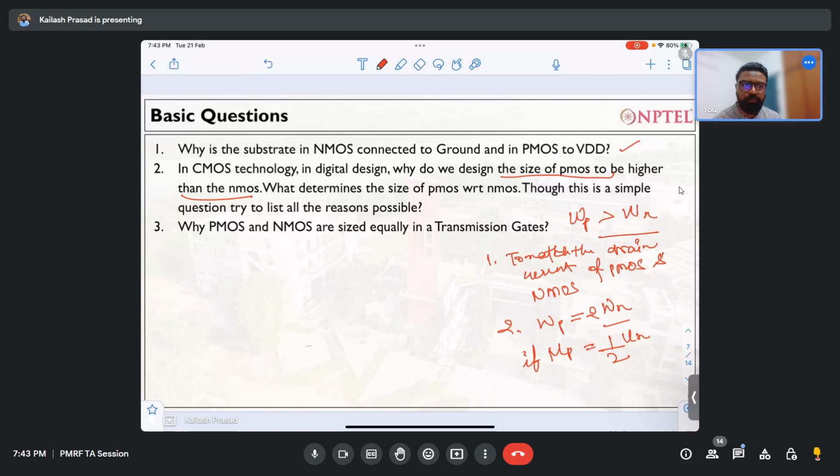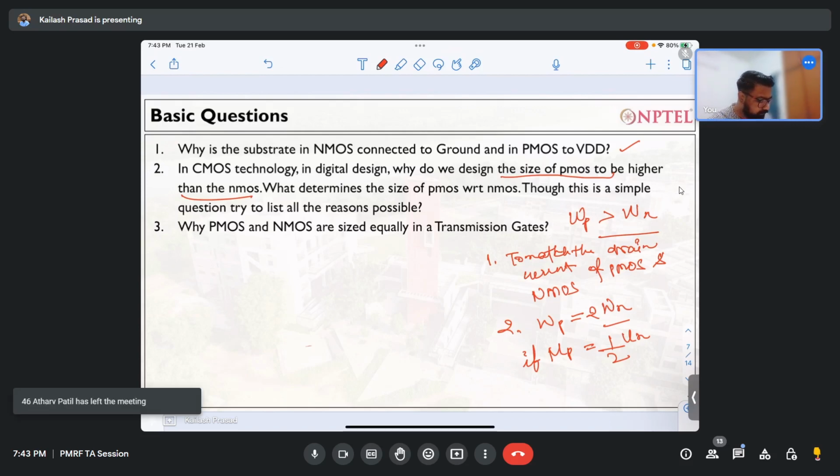When you go and design, it should not be like that. The mobility of P is 1 by 2 times the mobility of N. It can be any factor ranging from 1.4 or 1.5 to 3.